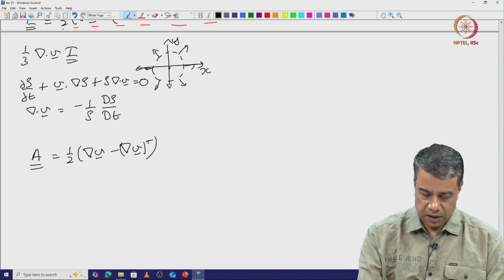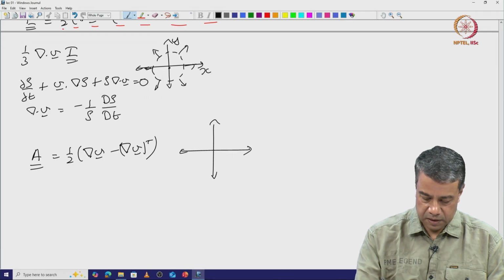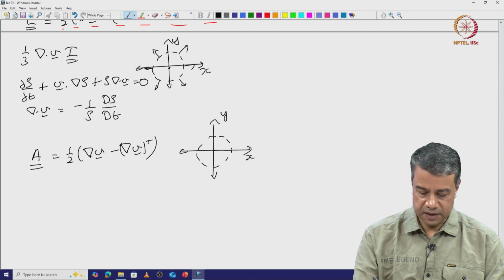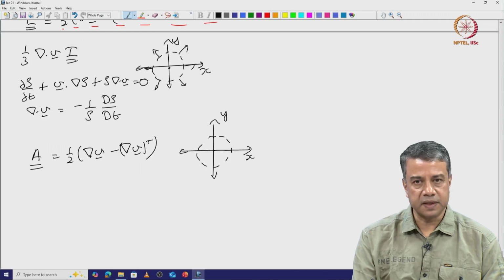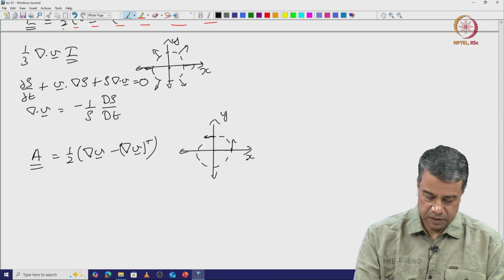And I had shown you that this corresponds to solid body rotation of nearby points. If you go a small distance delta x along the x axis, this basically corresponds to solid body rotation.